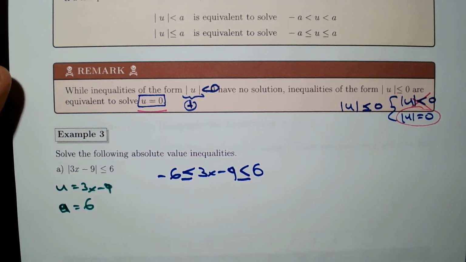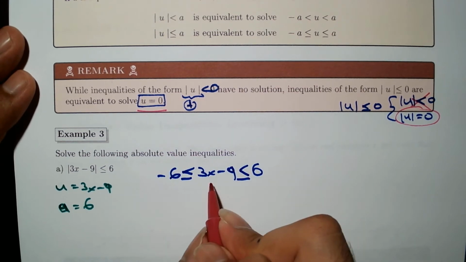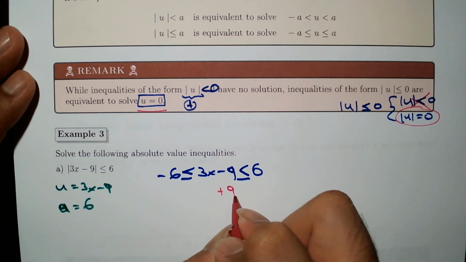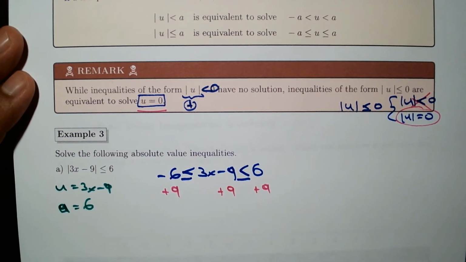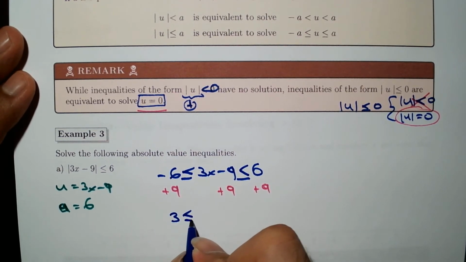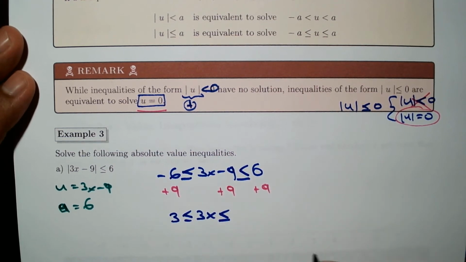So that's one. Now we need to solve this inequality for x. That is, our goal is to keep x in the very center. So add 9 to both sides. So 9 minus 6, that's a 3, less than or equal to 3x, less than or equal to 6 plus 9, that's a 15.